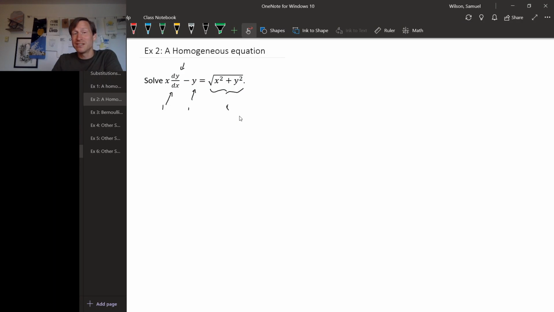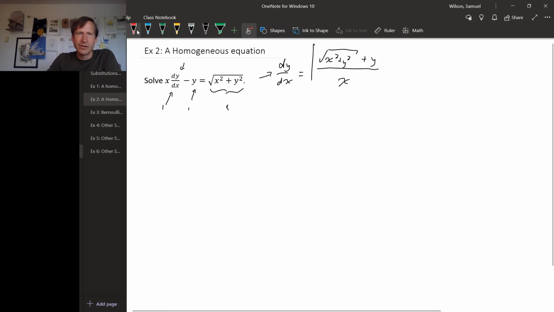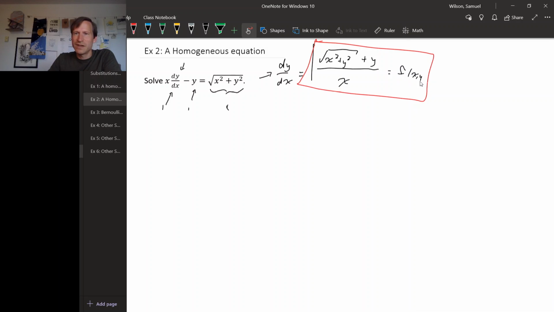So to check if it's homogeneous, let's rearrange and see if it works. So let's see, we're going to have to move the y over and then divide by x. So we get dy/dx equals square root of x squared plus y squared plus y, over x. Okay, so this right-hand side here, the function that is the right-hand side of the equation, we've been calling that f of x, y.